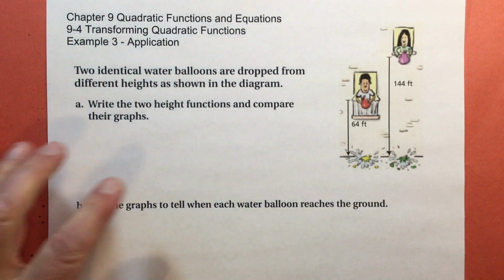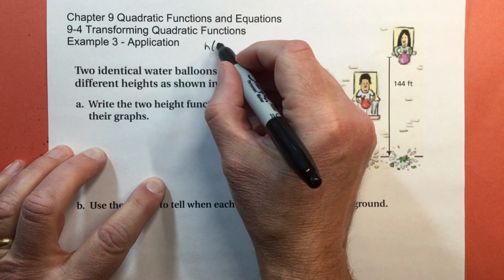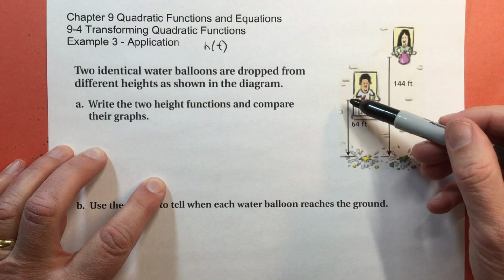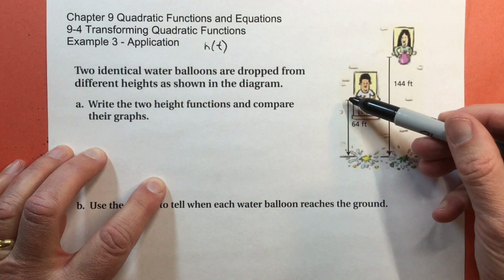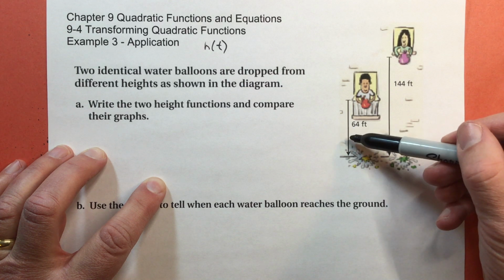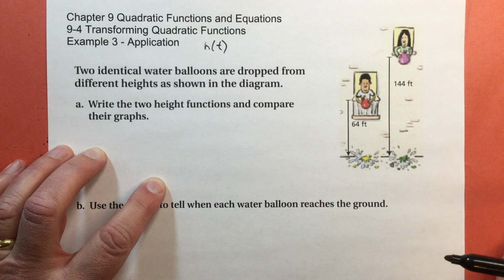So, the height of an object that's in free fall at time t, because we're going to measure this in seconds. We're going to count how many seconds it takes until it hits the ground, or even until it just drops a couple of feet. This is 64 feet, this is 144 feet. They should probably not be dropping water balloons from that height.